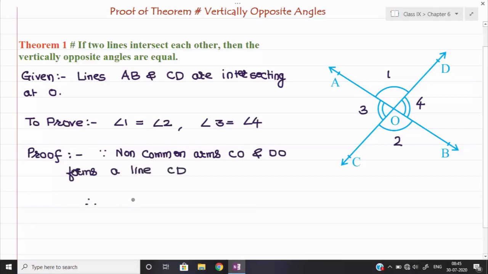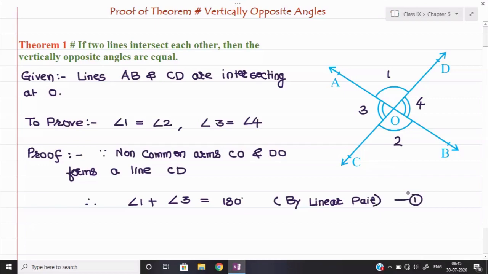Therefore, we can say that angle 1 plus angle 3 would be equal to 180 degrees. Here we can say by linear pair. Okay, and this is my equation number 1.